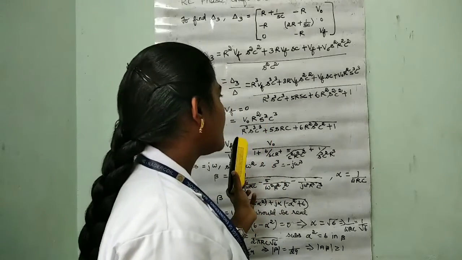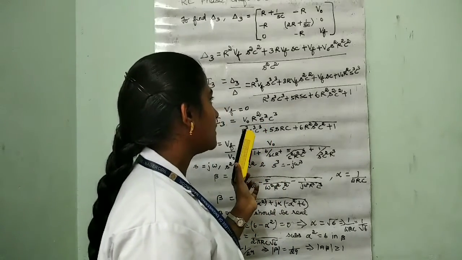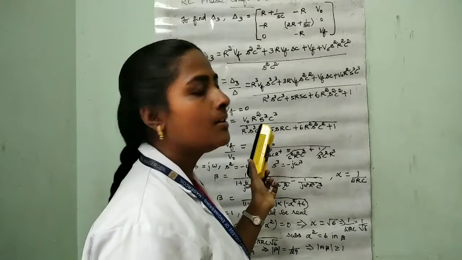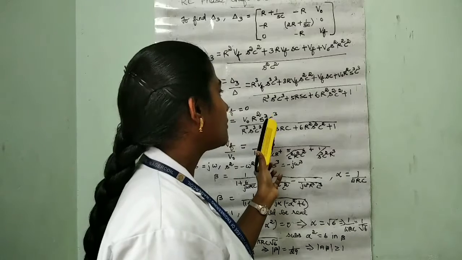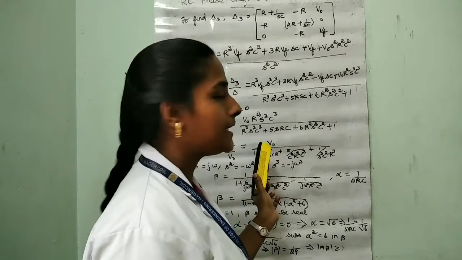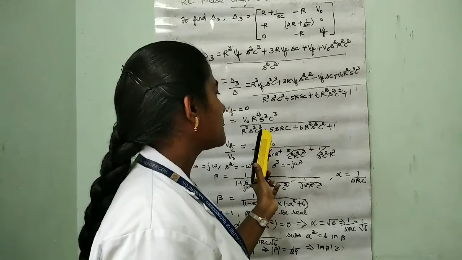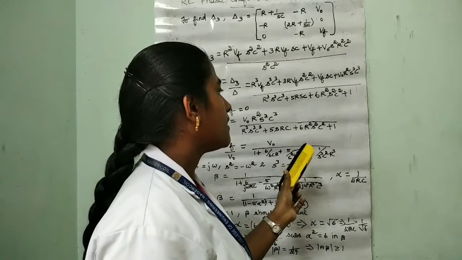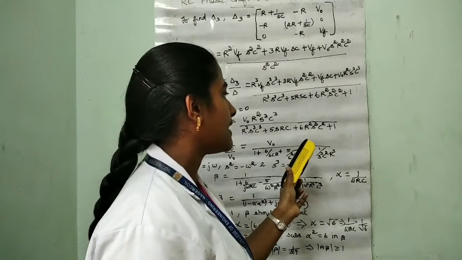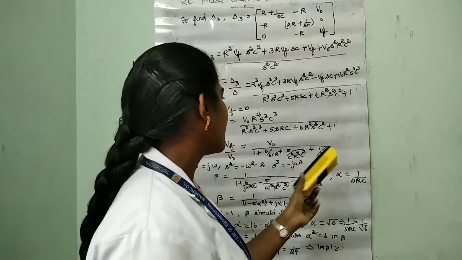So I3 is equal to, substituting Vf equal to 0 in the above equation, V naught r square s cube c cube divided by (r cube s cube c cube plus 5r sc plus 6r square s square c square plus 1).